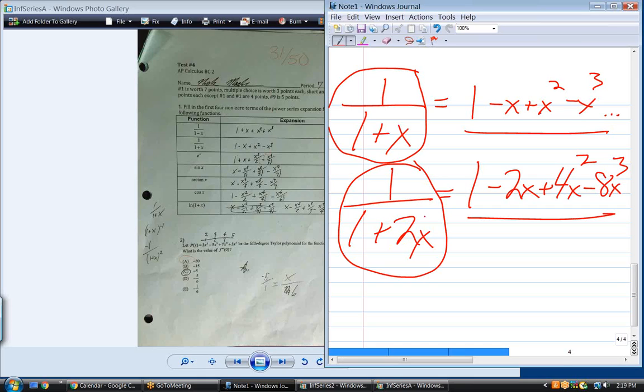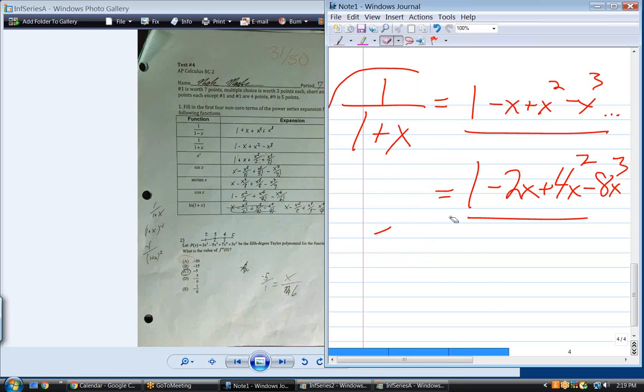All you have to do is take 2x and insert it for x, and you have the new infinite series. Or I could do 1 over 1 plus x squared. I'm going to substitute x squared for x wherever I see it.